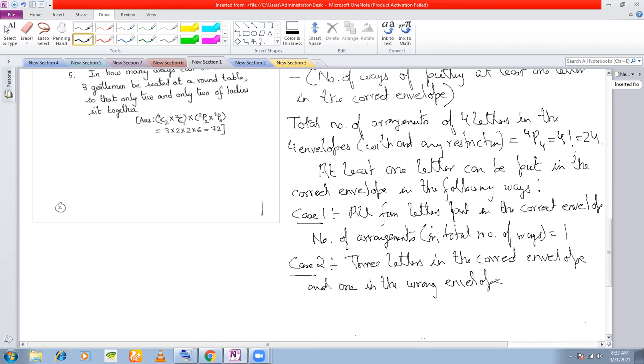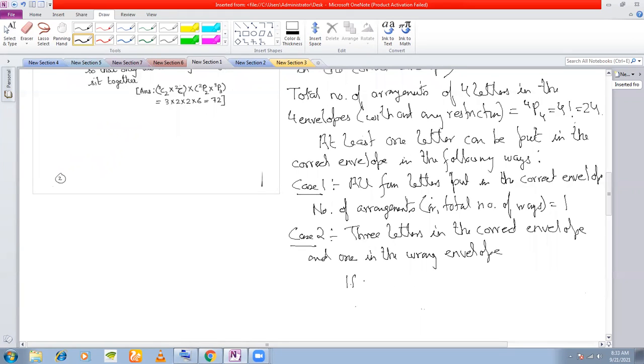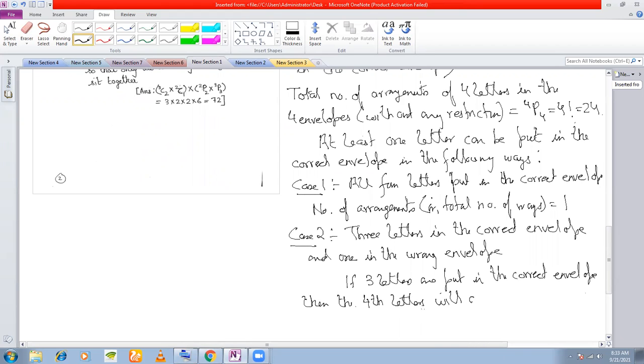If three letters are put in the correct envelope, obviously the fourth letter will also go into the correct envelope.